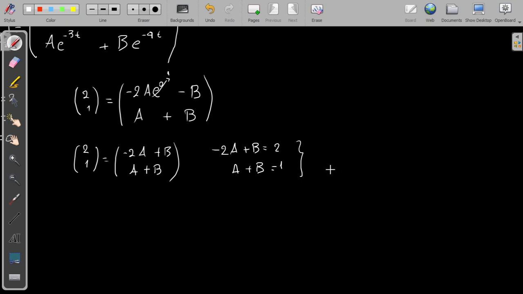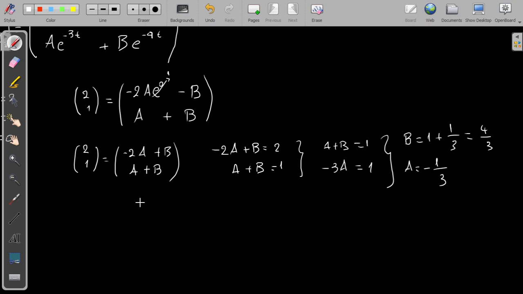If I subtract them, I will have minus 3a equal to 1. And let me keep this one, a plus b is 1. So a is minus 1 over 3 and b is 1 plus 1 over 3, which is 4 over 3.